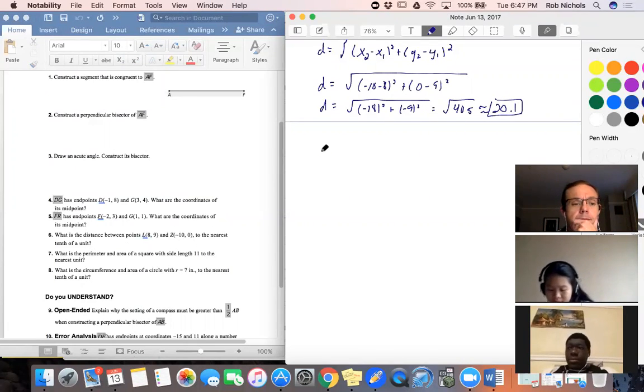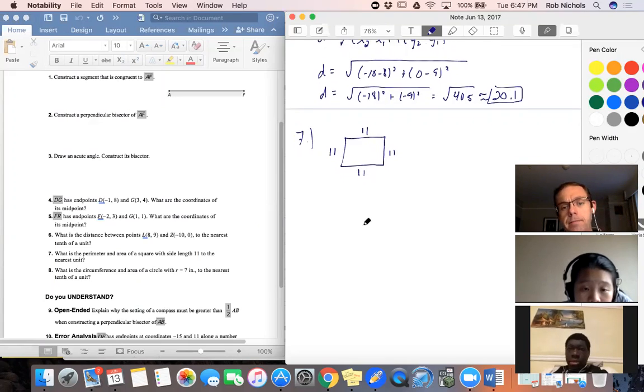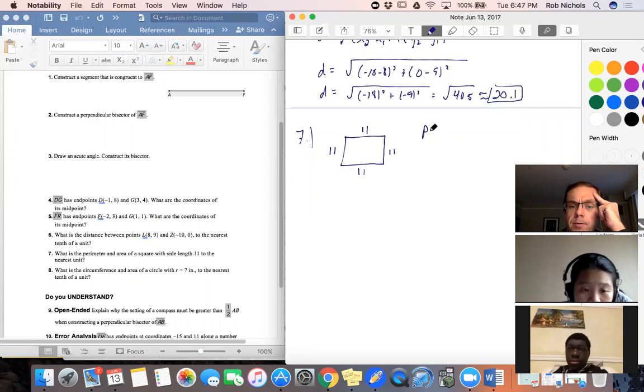Great. All right, let's look at number 7. It says, what's the perimeter and the area of a square with side length of 11? So here's a picture of a square with a side length of 11, which means 11 on all sides. What's the formula for the perimeter of a square?